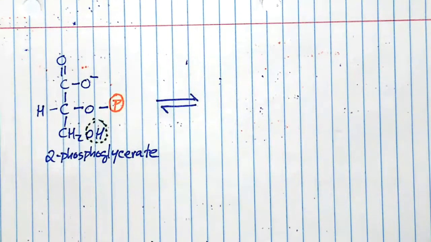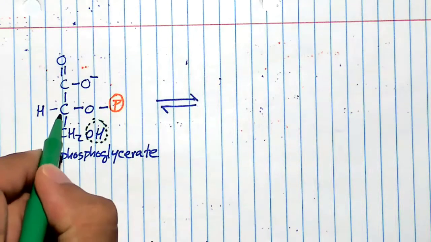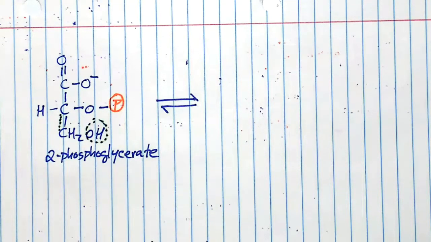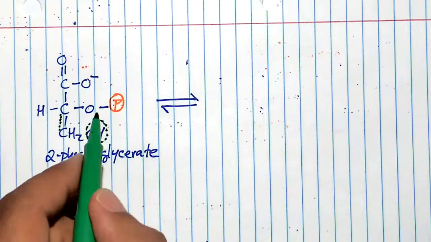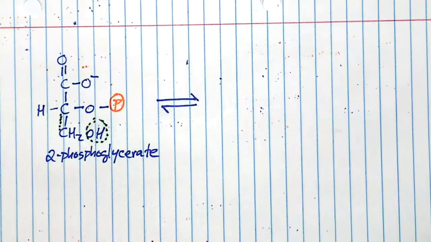When that hydroxyl group leaves as water, a double bond forms. And the phosphate attached to this oxygen is kind of unstable, and it makes this new bond on the enol pyruvate very labile.